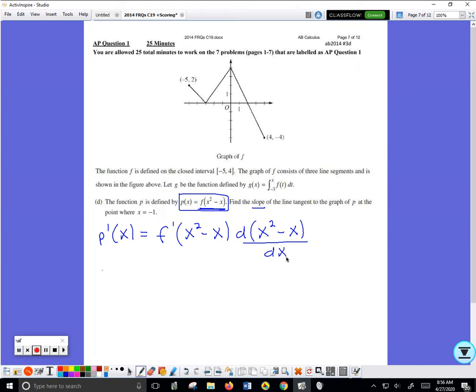So then P prime of x is going to equal f prime of x squared, subtract x, times 2x, subtract 1. If I get that far, they'll give me 2 points.